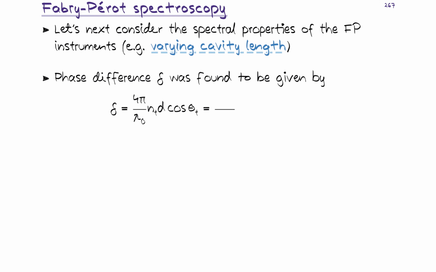And this can be written differently. Instead of wavelength, we can write this using frequencies. So we then have 4 pi times frequency divided by the speed of light times the nt d times cosine theta t profile.